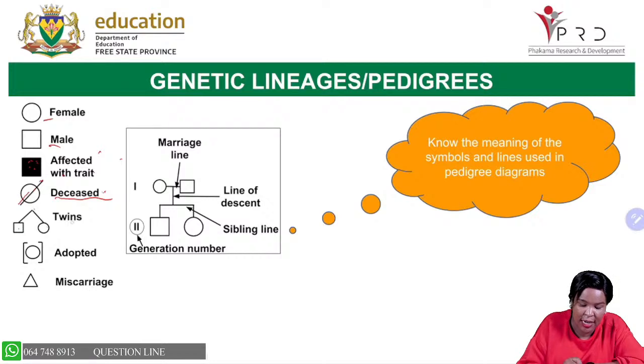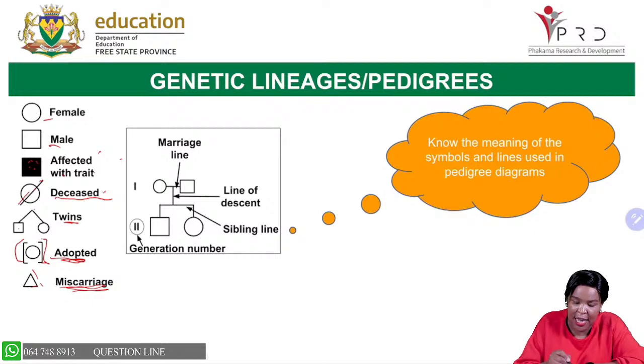Then the one that is joining like this shows you these are the twins, and then the one that is in brackets or square brackets like this shows you that these are adopted. Then the triangle will show you that these are the kids that were miscarried. Then you must understand that the line between or going across horizontally shows that there's a marriage.